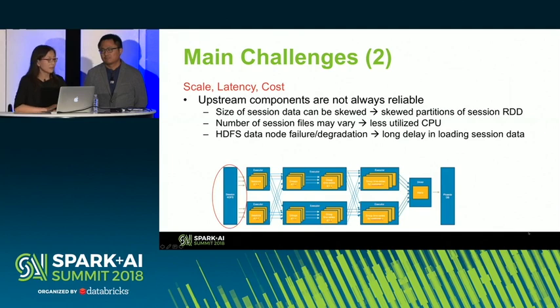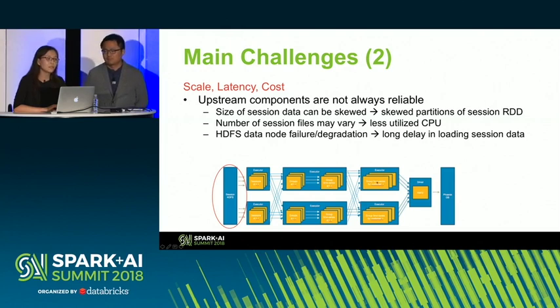The second challenge is that the upstream component, HDFS, is not always reliable. We have seen that the size of the session data can be skewed, which directly causes skewed partitions of the session RDD, which further affects the performance of the downstream jobs.